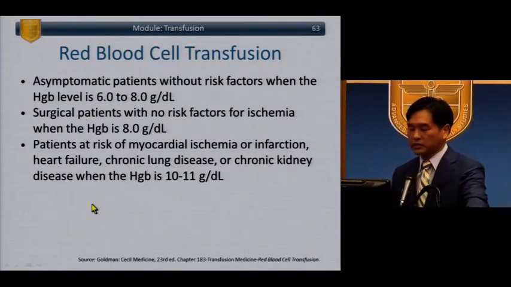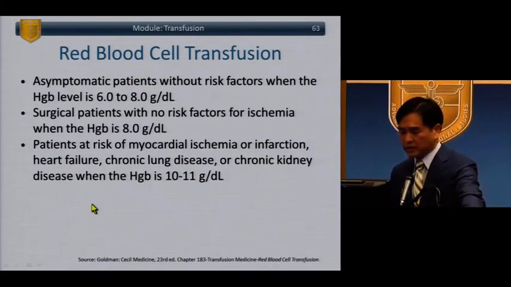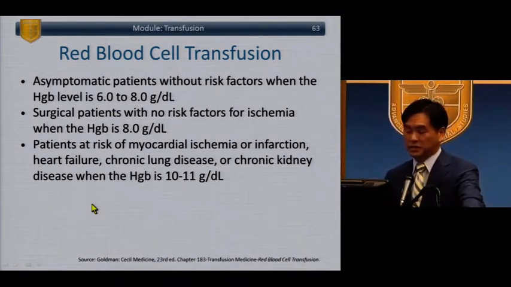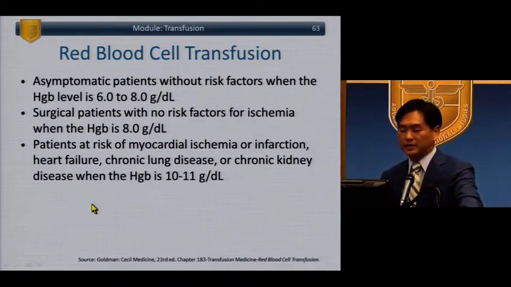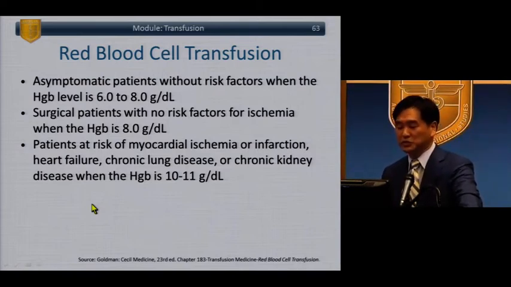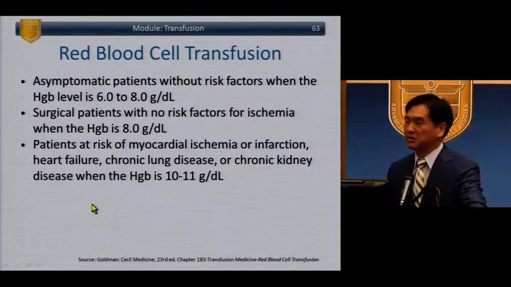Okay, red cell transfusion. This is from the textbook, from Cecil's, right? Asymptomatic patients without risk factors can tolerate hemoglobins down to 6, right? This is from the textbook, down to 6, okay? In this medicine textbook, they also say surgical patients with no risk factors, their number is 8.